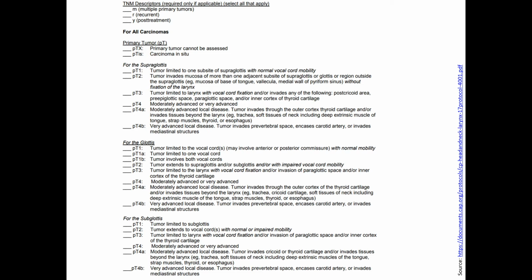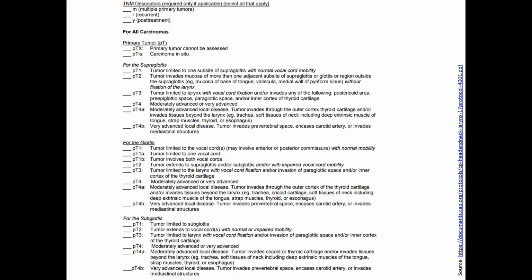But for pT2, pT3 lesion staging, let me say this the other way around. If there's vocal cord fixation, it'll automatically get you to a pT3, regardless of where your site is.